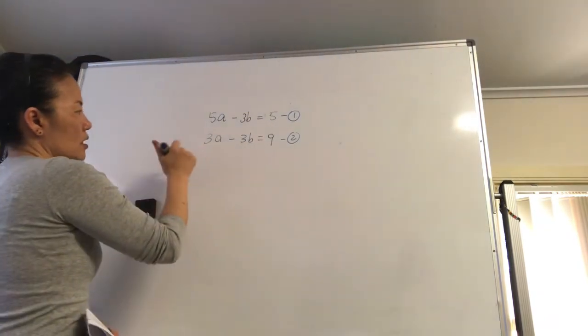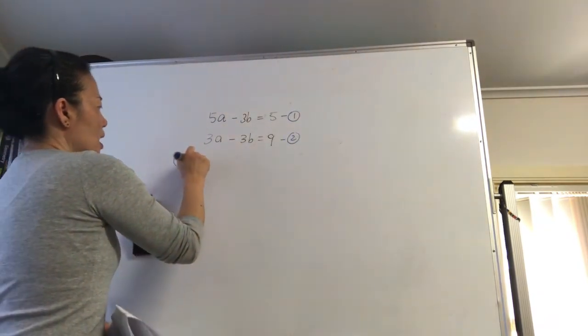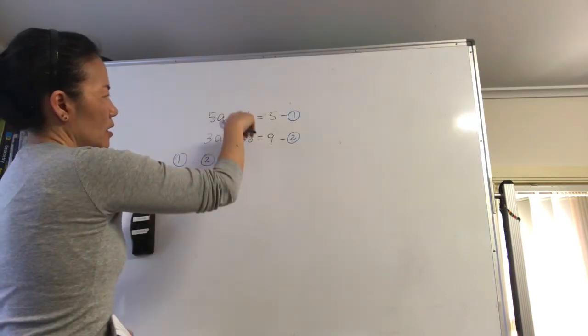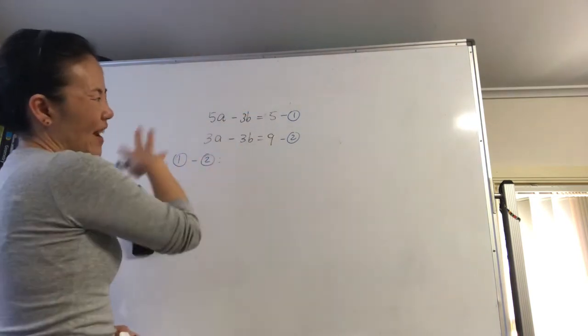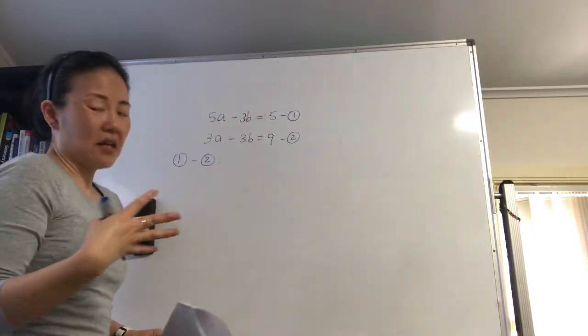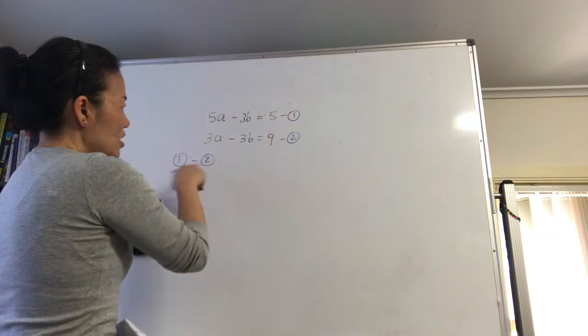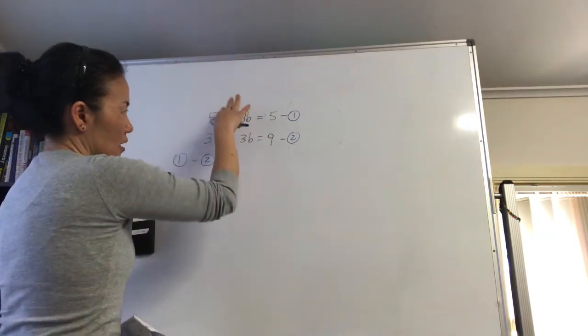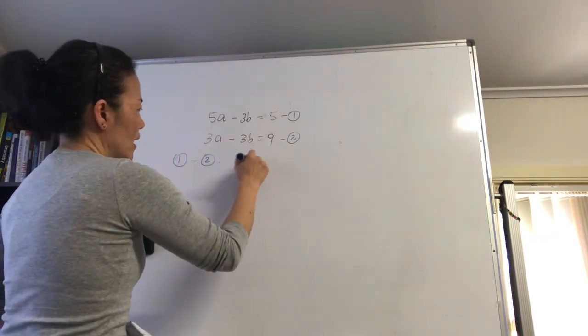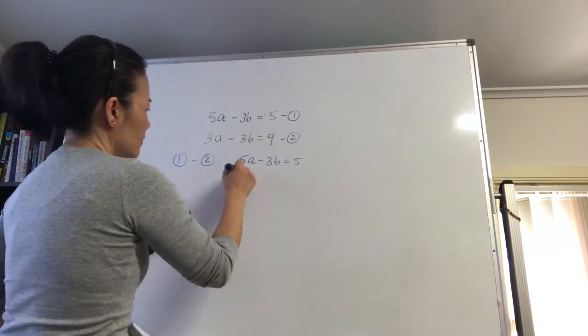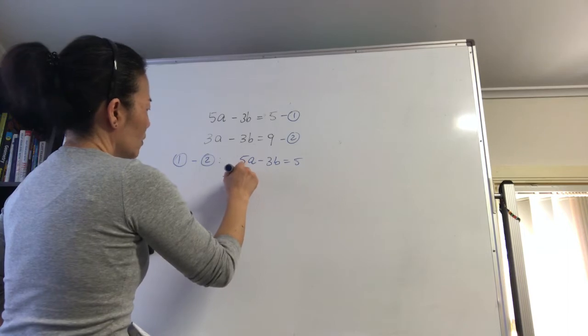So I'm just going to do 1 minus 2 because I want to eliminate the 3b's. If I add them, I'm still going to have a and b together, so I don't want that. I just want a. So I'm going to take away, that will change to plus, and I'm going to cancel that out. So I'm going to minus 3a.